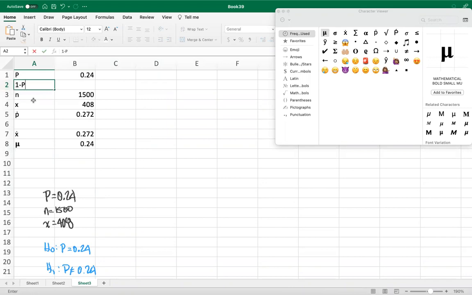One minus P is equal to 1 minus 0.24, and our standard deviation.